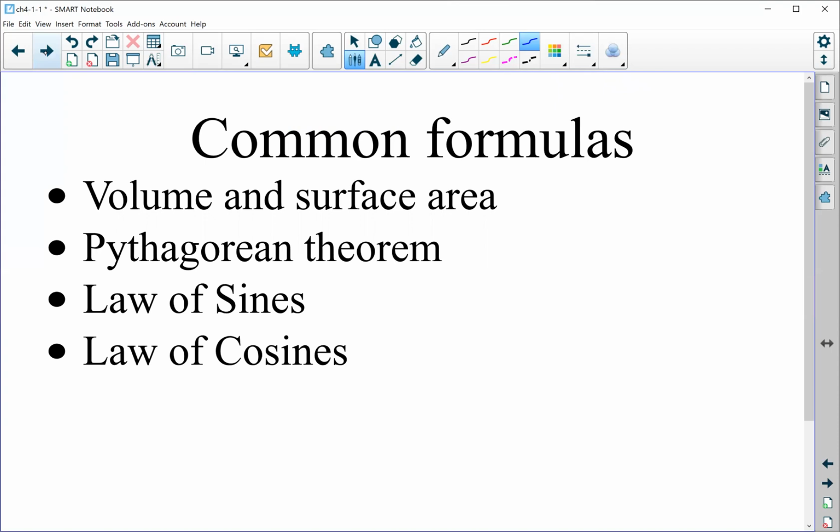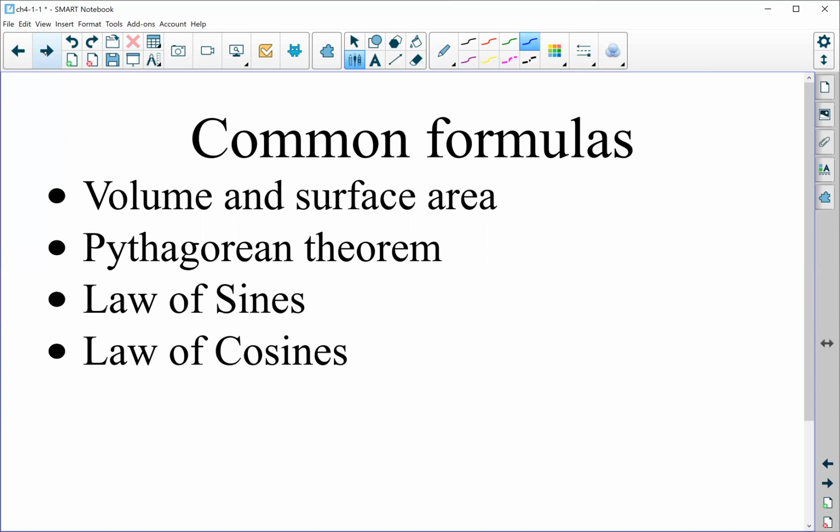Common formulas that you'll see on related rates problems are volume and surface area, which, if you have your textbook, are on the inside front cover. The Pythagorean theorem, law of sines, and law of cosines are also on the inside front cover of your math book.